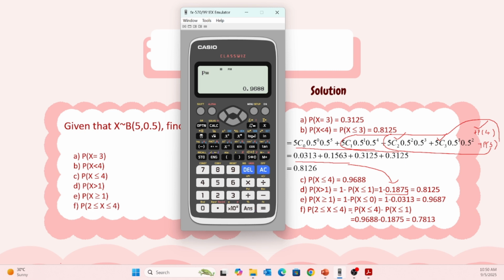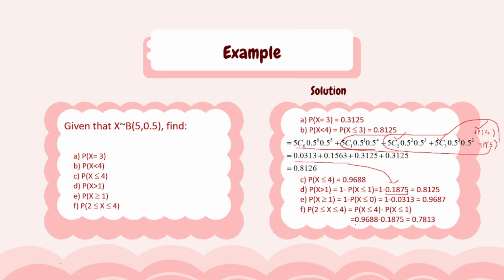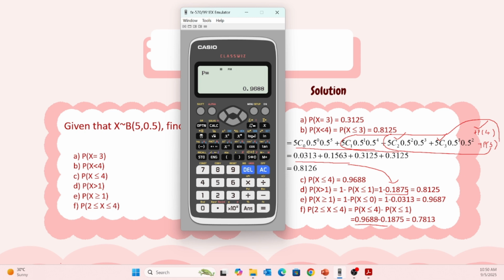You get this value, 0.9688. Then minus the probability of x less than or equal to 1. Just now we already calculated 0.1875.